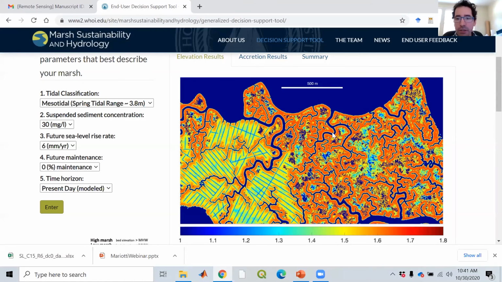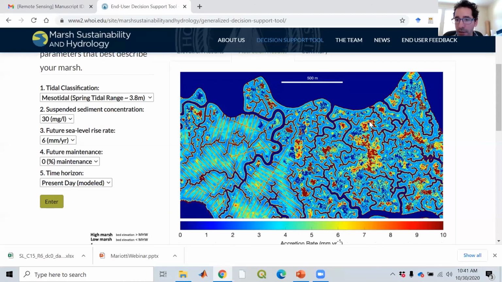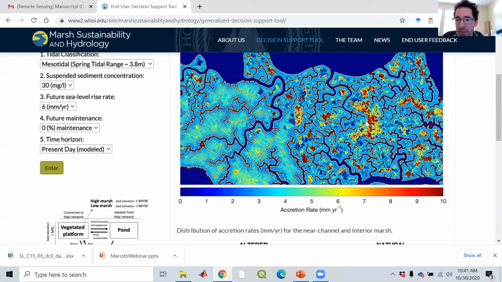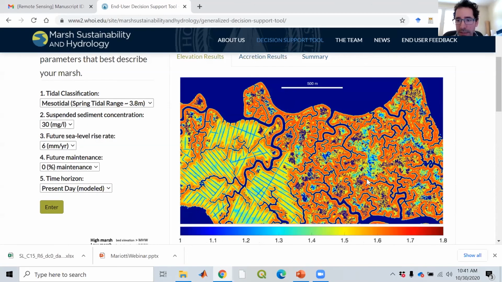Thanks, Sharon. Just to segue, this is the model present day elevation, and this is the model accretion. You can see here the accretion is on the order of 10 millimeters per year. These are places where it was a big pond that got connected, maybe 50 years ago, so the accretion is very high.